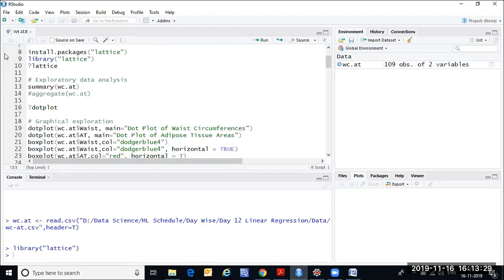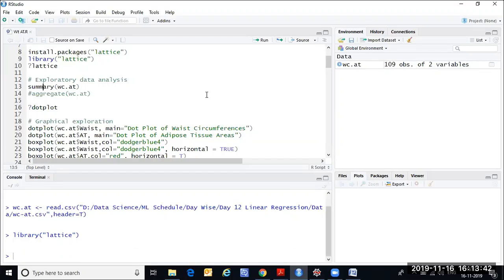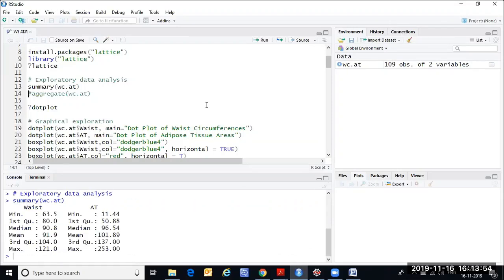As part of VDA, we're just looking at the summary. What does the summary function give in R, friends? It gives us the basic stats information, right?